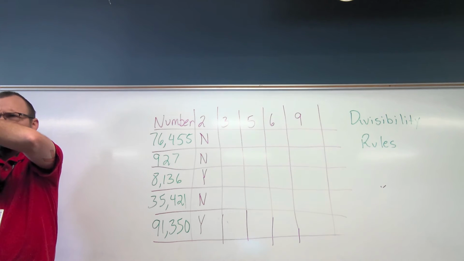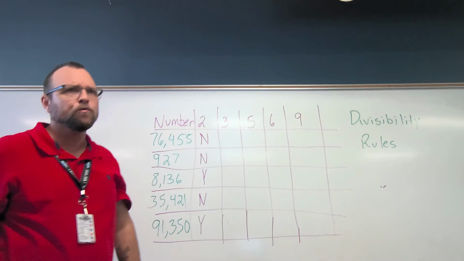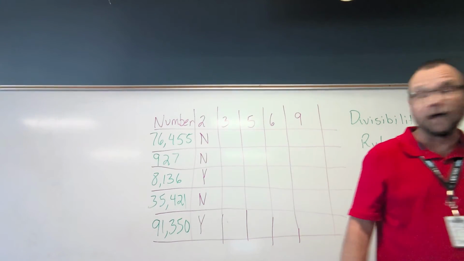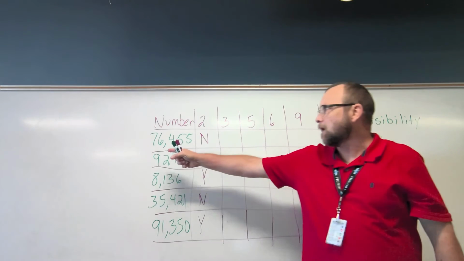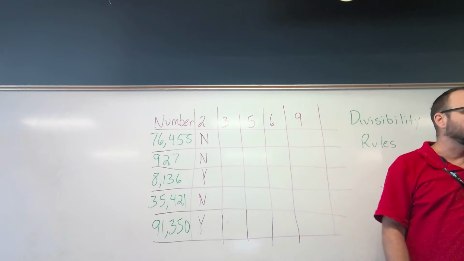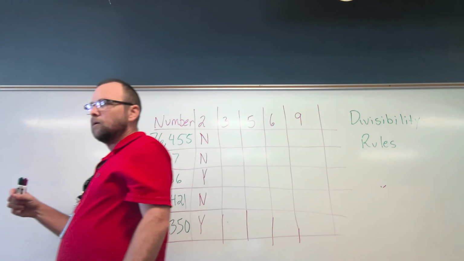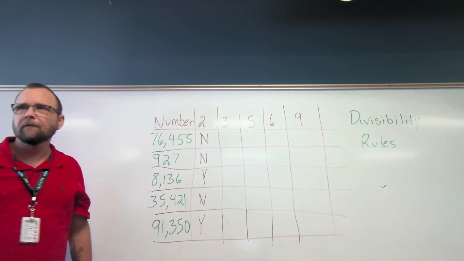What it is? The answer to an addition problem. So this rule for 3 says the sum of the digits, which means I add all of the digits together. And if that is divisible by 3, then the number is divisible by 3.